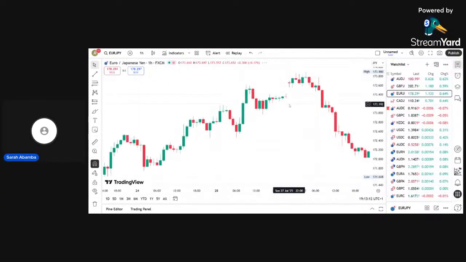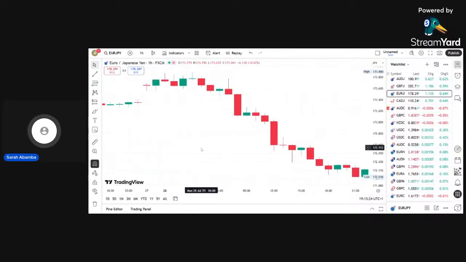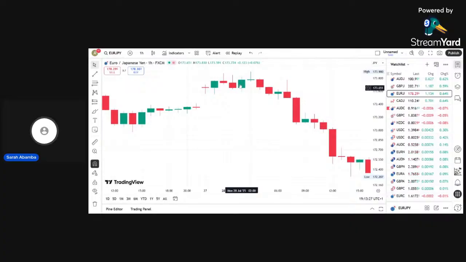Okay, I've seen another one. Let me expand my chart so that I'll see it better. Okay. So we see this one, a bullish candle. Next, this one is even sweeter because it's a bearish doji.